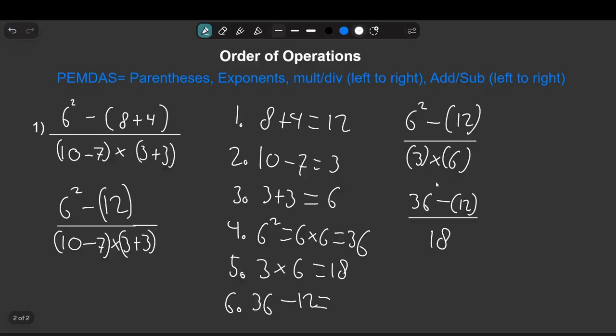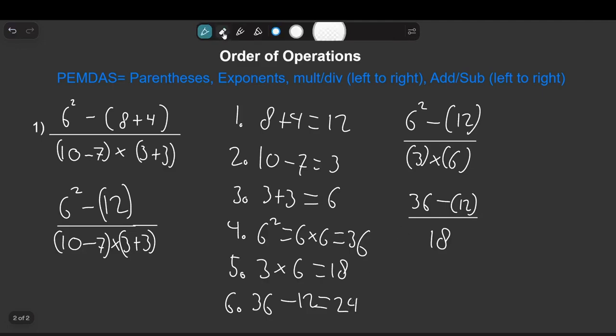Completely my fault, guys. It won't happen again, I promise. So we have 36 minus 12 now. All the steps I said about 32, just forget them and see them as 36. So we have 36 minus 12. This will give us 24.